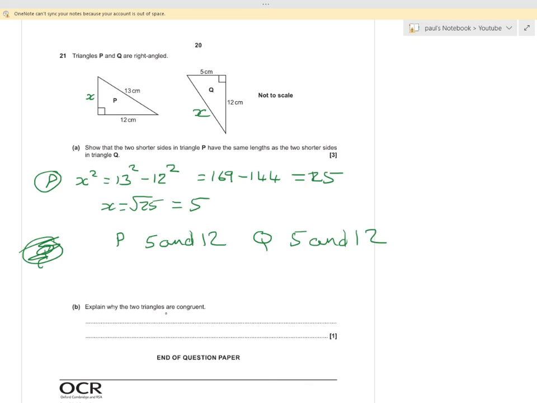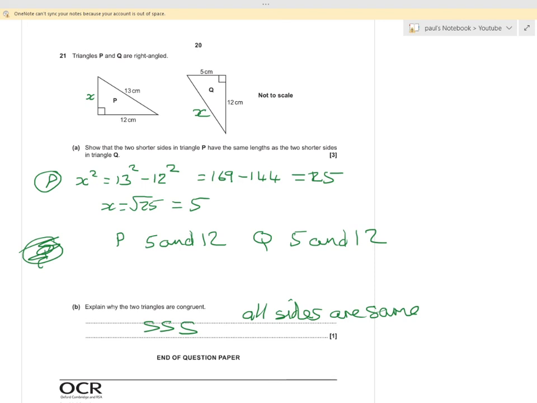Explain why the two triangles are congruent. All sides are the same. They're not the same as each other, but you know what I mean. Yeah, the corresponding sides. Okay. That's done that bit. So let's close that bit down, and then go back over.